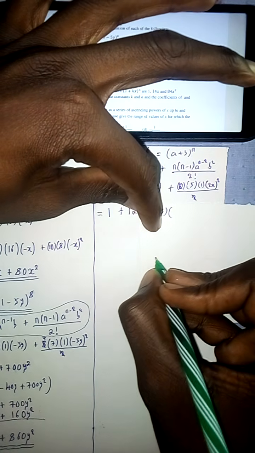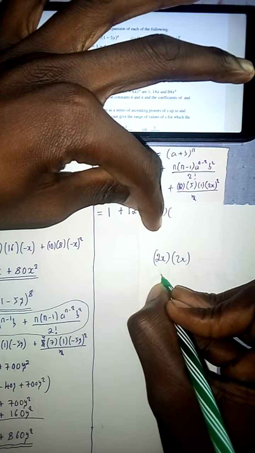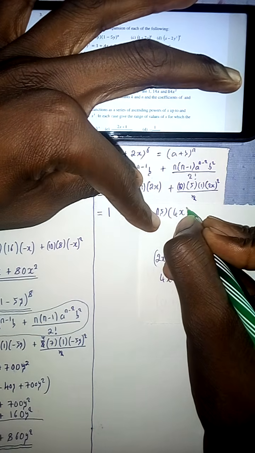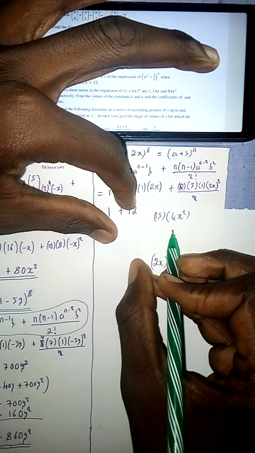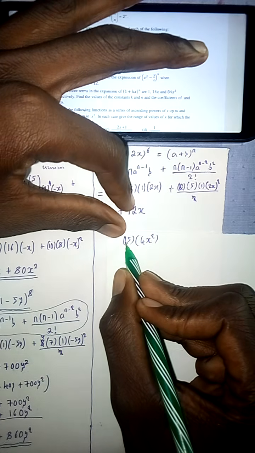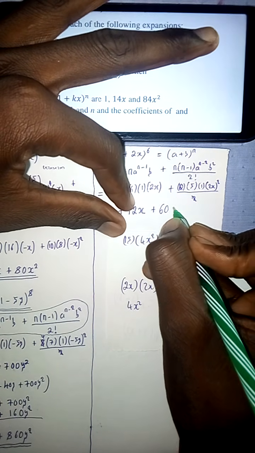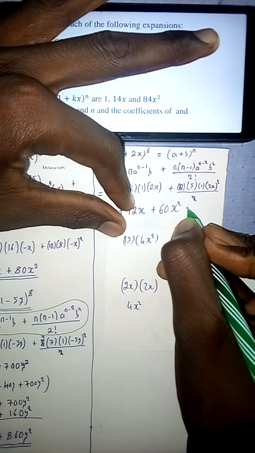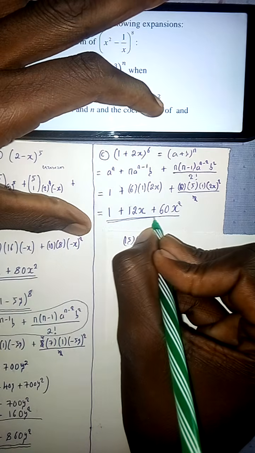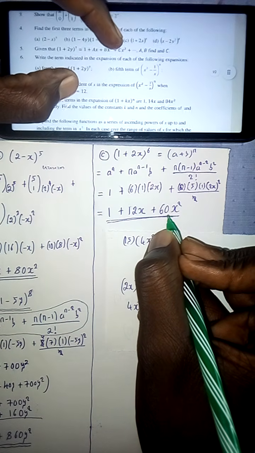Well, this part is the same as 2x multiplied by 2x, which will give us 4x squared. So 15 multiplied by 4x squared will give us 60x squared.